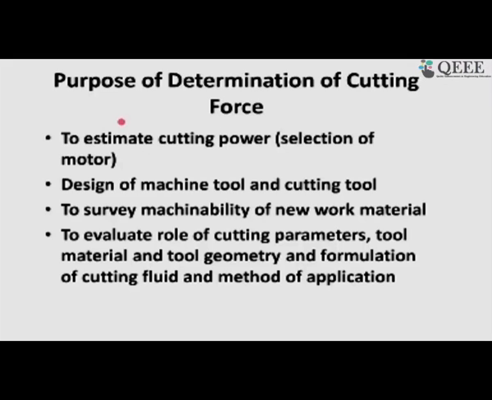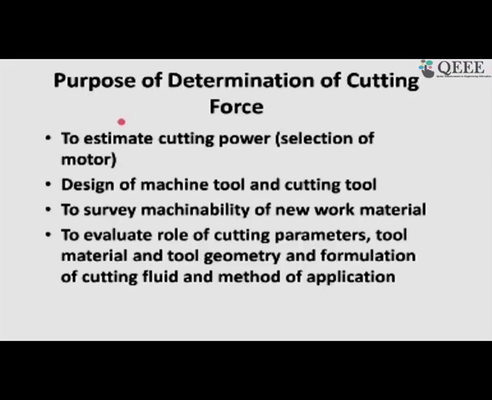So, we understand that the material of the tool and its geometry in combination play a very important role in deciding the cutting force, and naturally selection should be according to the level of cutting force we like to have or expect.